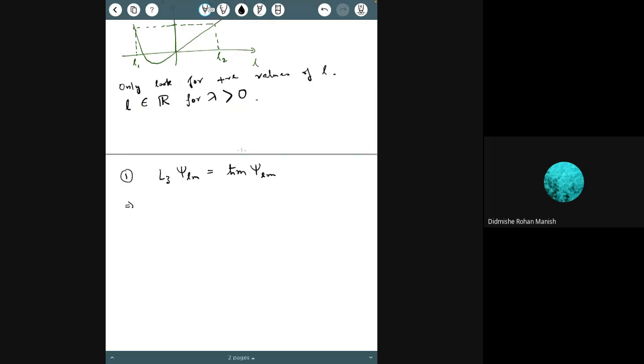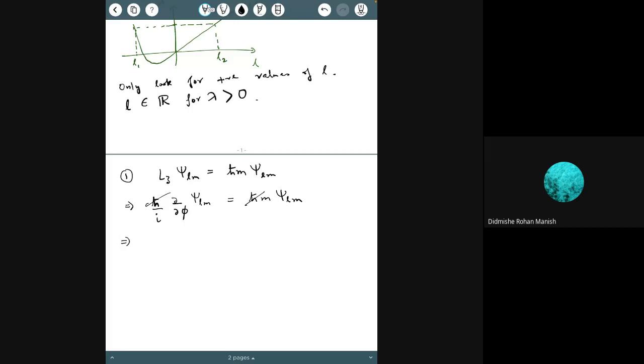So the Lz operator is H cross by I del del phi, acting on psi Lm, equal to H cross M psi Lm, and I can delete H cross.